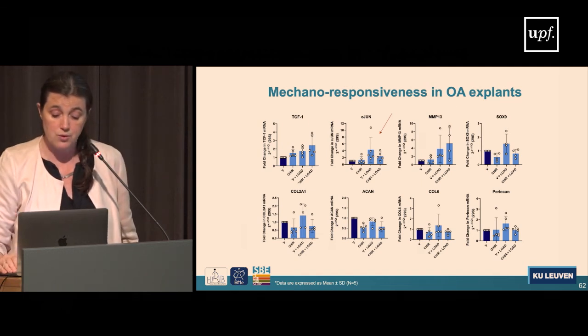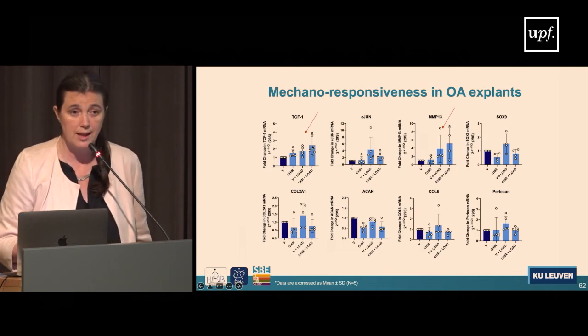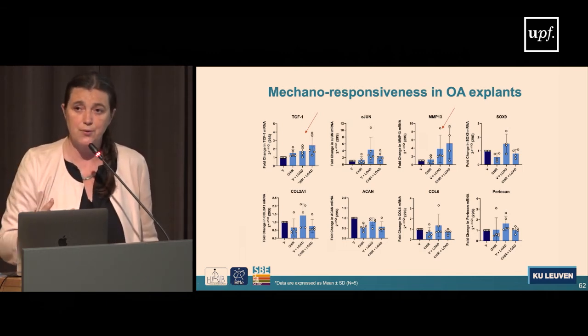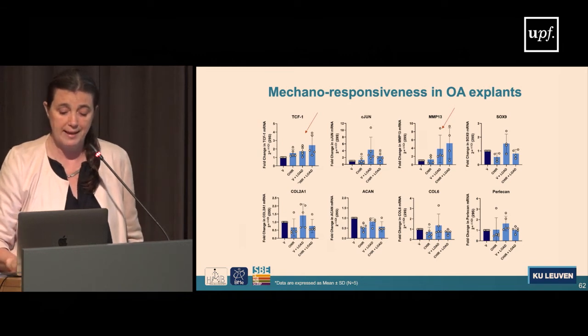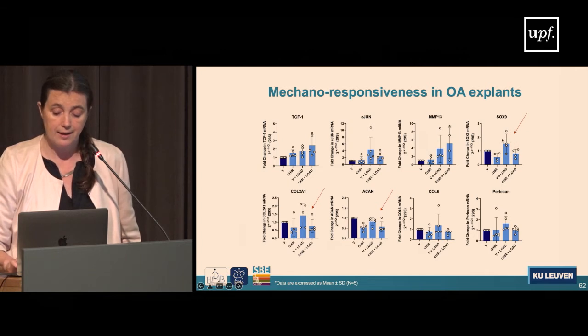And this is also reflected by the increased MMP13 expression in the Wnt upregulation, and there also seems to be a positive feedback loop to the TCF1 gene that shows some sort of reinforcing of the negative mechanoresponsiveness.